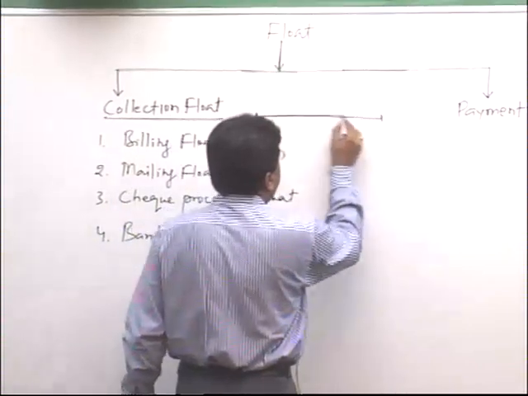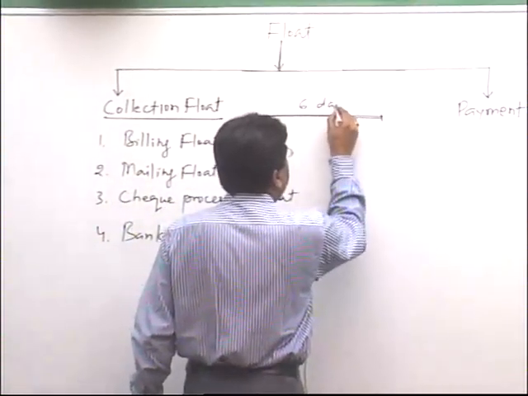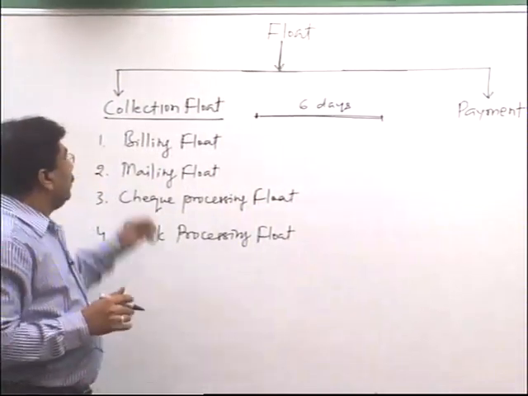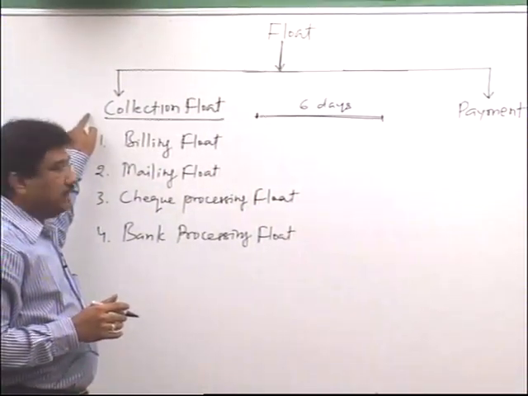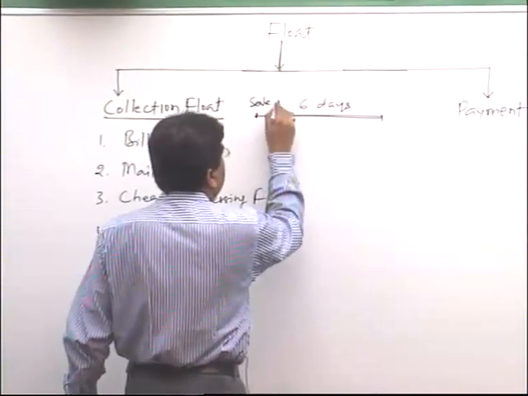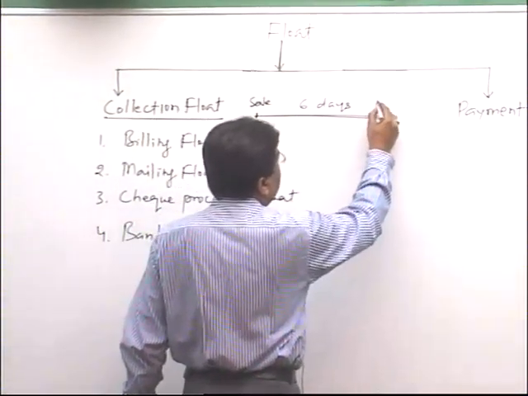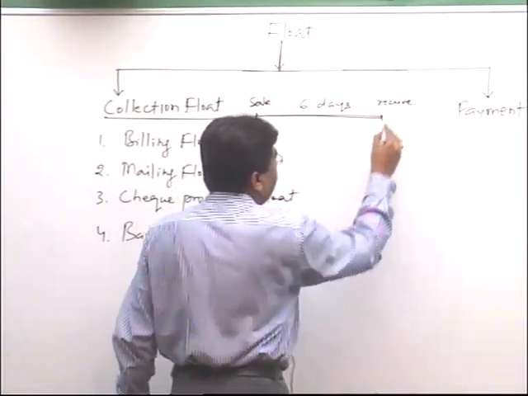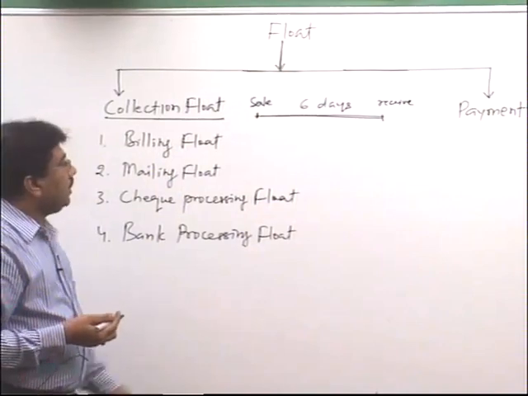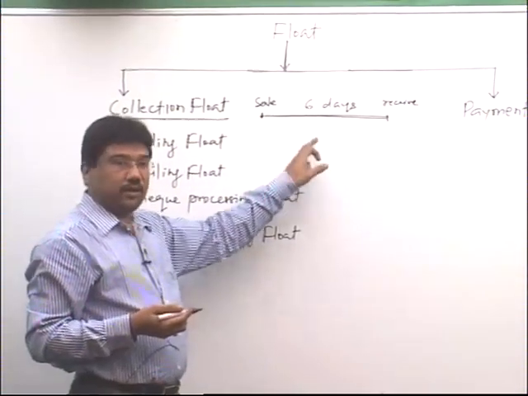Suppose it takes 6 days to get the money, then you can say that my collection float is of 6 days. That time gap is called collection float. It means you take 6 days to collect the money.